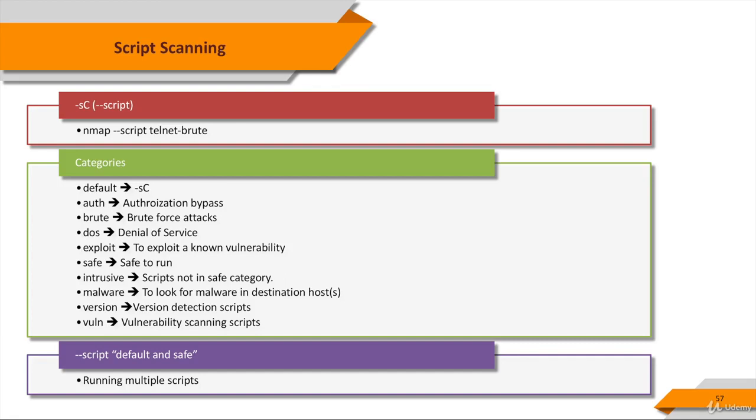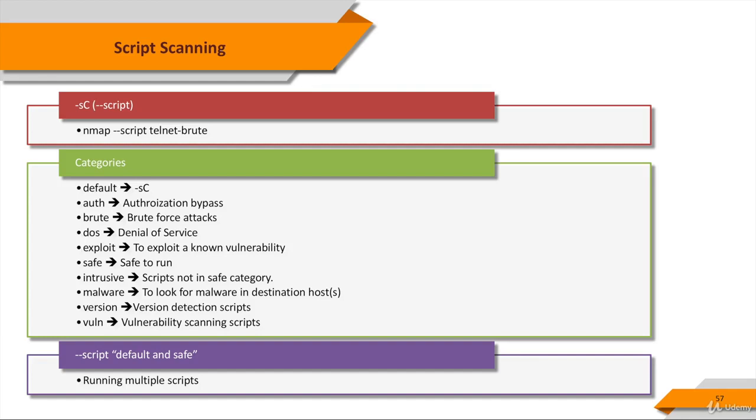Category names are not case sensitive. So let's give you a little detail. Default scripts are the default set and are run when using -sC rather than listing scripts with --script. This category can also be specified explicitly like any other using --script=default.